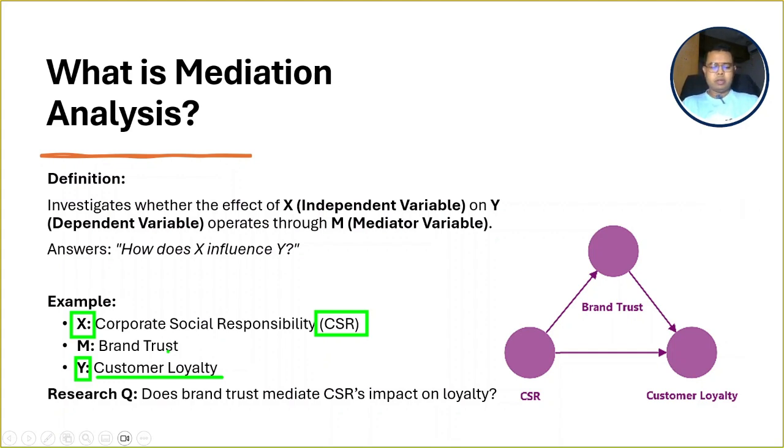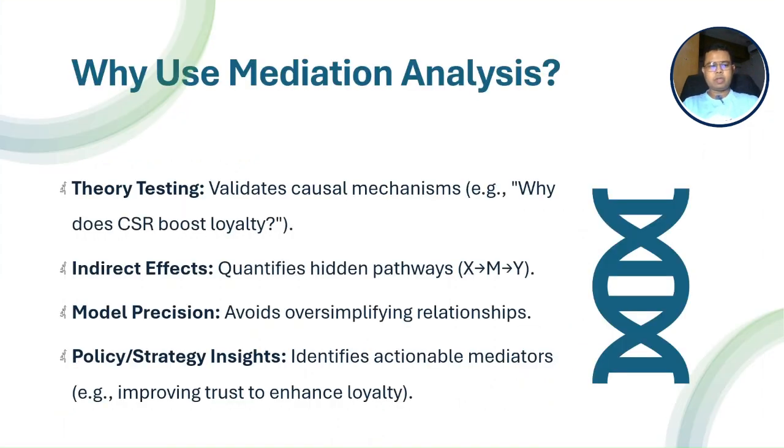So move to the next. Why do we use mediation analysis? There are lots of reasons. For example, theory testing: validating the causal mechanism or relationship. Why does CSR boost loyalty? On the other hand, indirect effect: it quantifies the hidden pathway, which may be absent in the direct pathway.